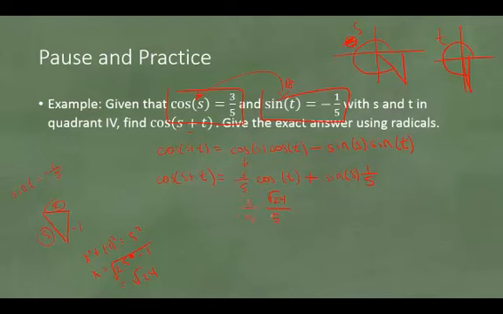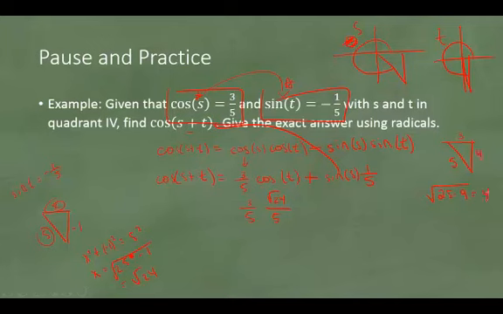Likewise, to find sine s, we need to use cosine s. Still in the fourth quadrant, cosine s is the adjacent over the hypotenuse. So again, we're going to do the square root of 25 minus 9. 25 minus 9 is 16. The square root of 16 is 4.